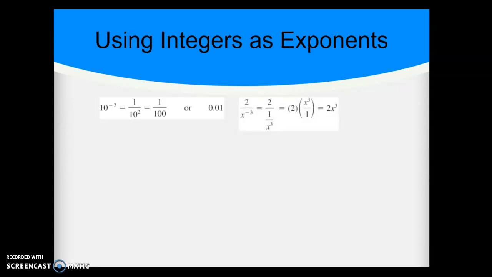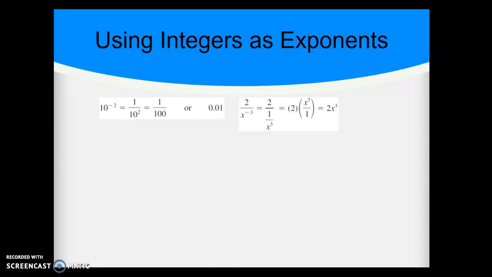Now here, there's a simpler way to do it than I've demonstrated here on this slide. Notice the 2 on top does not have a negative exponent, but the x on bottom does. Well, a real nice trick to use when we're flipping the base to get a positive exponent is just to take any base that has a negative exponent and move it to the other location in the fraction. When I say other location, in this case, the x to the -3 is on the bottom.